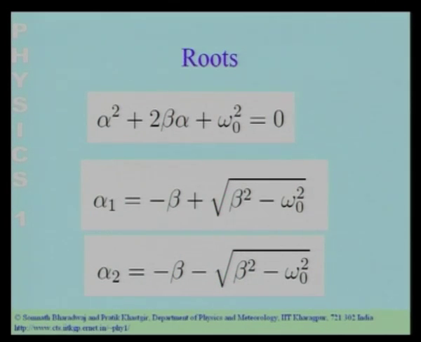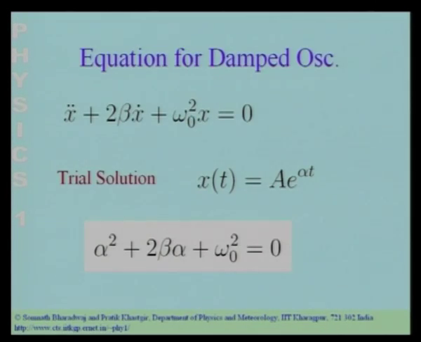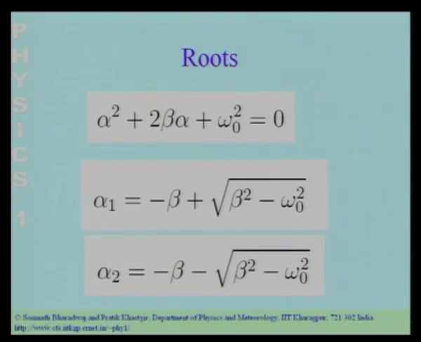The coefficient alpha appears in the exponent of the trial solution. So, the trial solution is a constant A e to the power alpha t, and alpha we saw has two roots, alpha 1 and alpha 2, which are defined as follows.